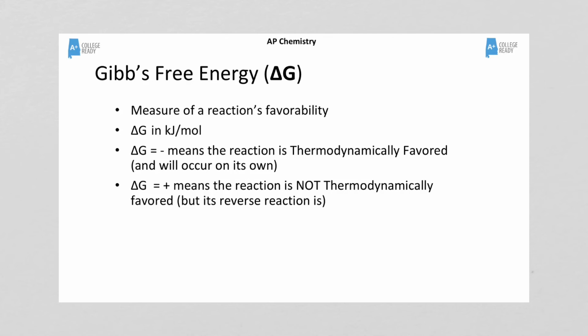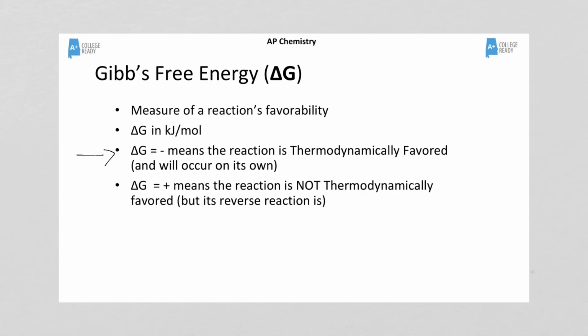Gibbs free energy, or just free energy, is delta G. This really tells us if a reaction is favorable or not. When I say favorable, I mean, is it going to go forward on its own? Thermodynamically favorable means that delta G is negative. That means a reaction will occur on its own, going forward.